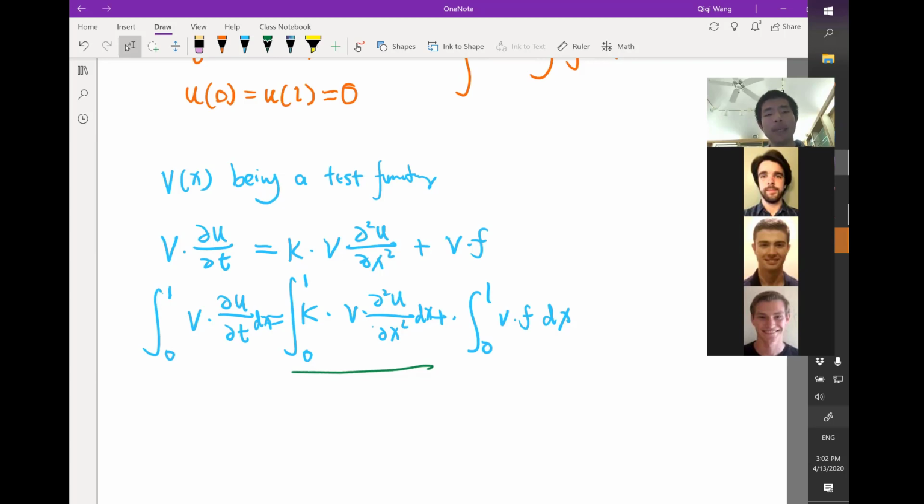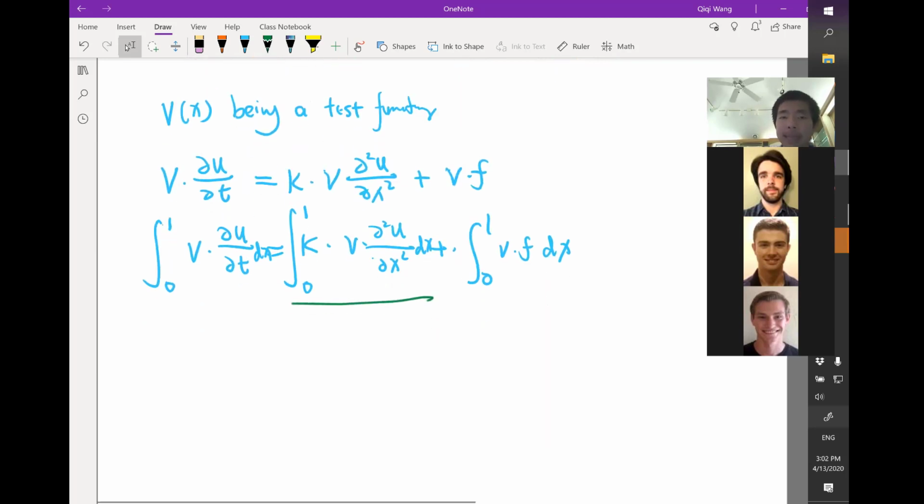Now my u can be just differentiable once, right? That's an important step, because it is required for us to plug in hat functions, piecewise linear and continuous functions, into the solution u.